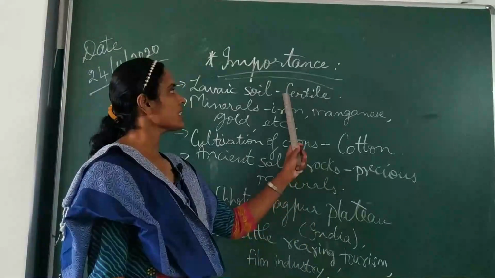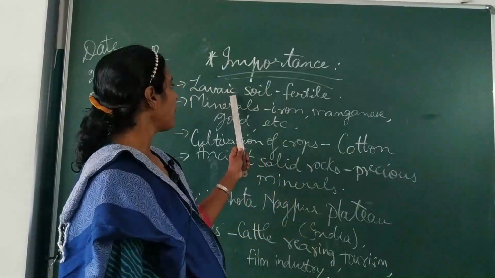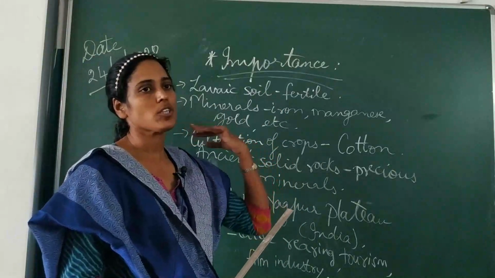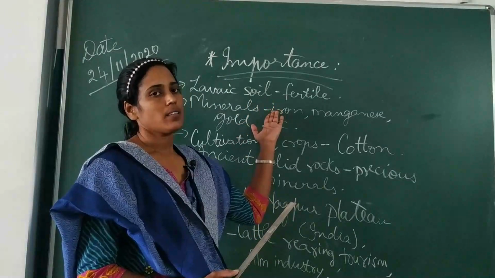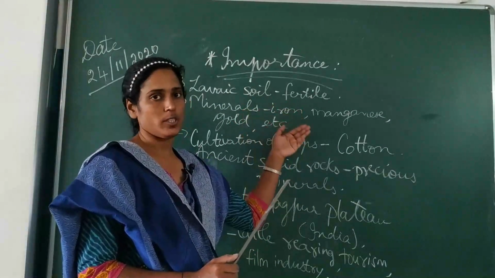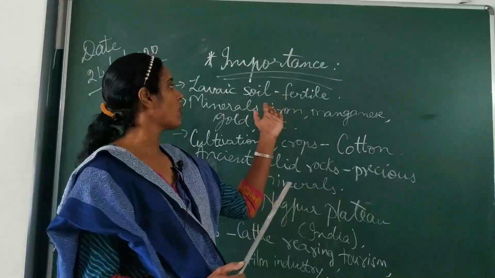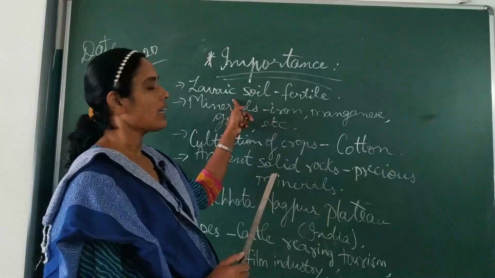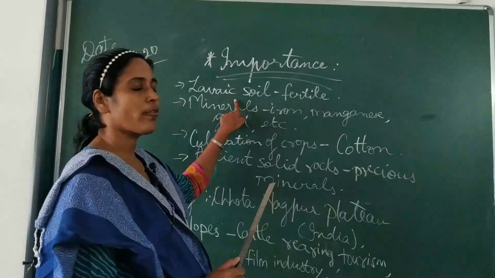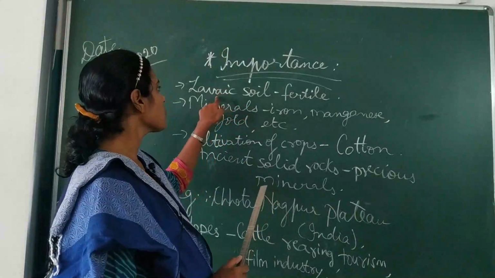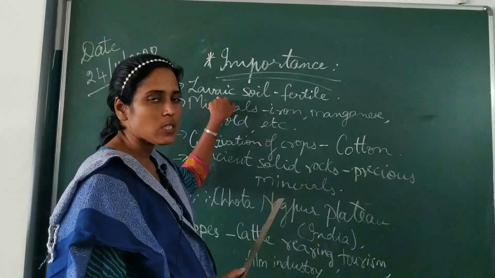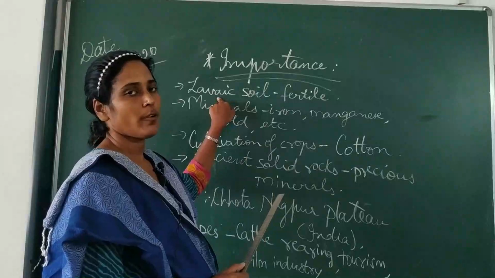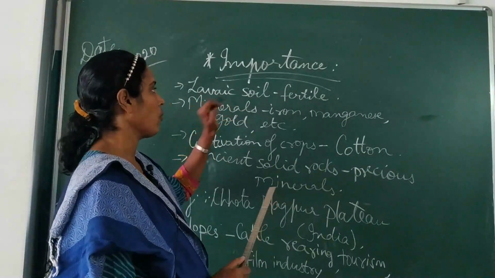Now students, we see the importance of these plateaus. The plateaus we saw are of 3 categories, in which one category had its formation due to elevation caused by geological factors or lava from the mountains, magma. The soil formed due to the eruption of a volcano is known as lavaic soil. Lavaic soil means soil composed of a mixture of lava after the eruption of a volcano.